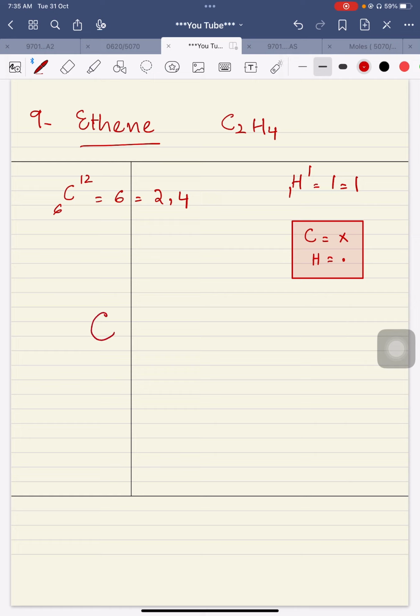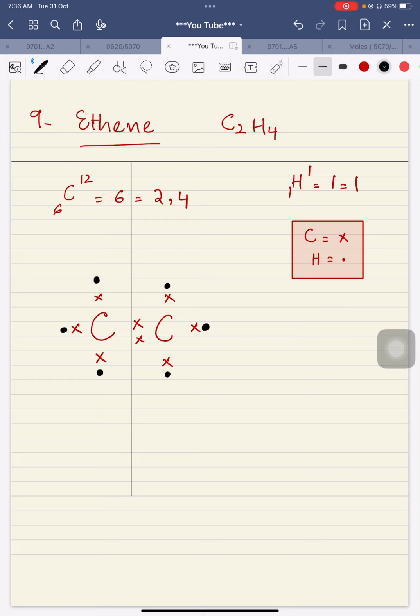This is carbon, and these are the two electrons of the carbons, both of the carbons. So this is this, and these are the electrons of this carbon. Now I'm going to draw the electrons of hydrogen, and these dots are the electrons of hydrogen.